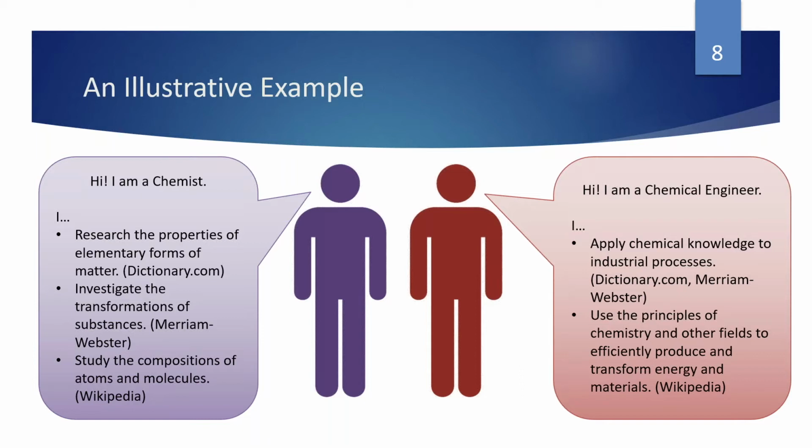Maybe I could create a new material that addresses my problems. Maybe as I study how substances transform from one form into another, I can use my understanding of chemistry to say, can I make that more energy efficient? So it's this idea that the chemist is acquiring knowledge about matter, and then the chemical engineer is taking that knowledge and trying to use it to solve problems out in the field.